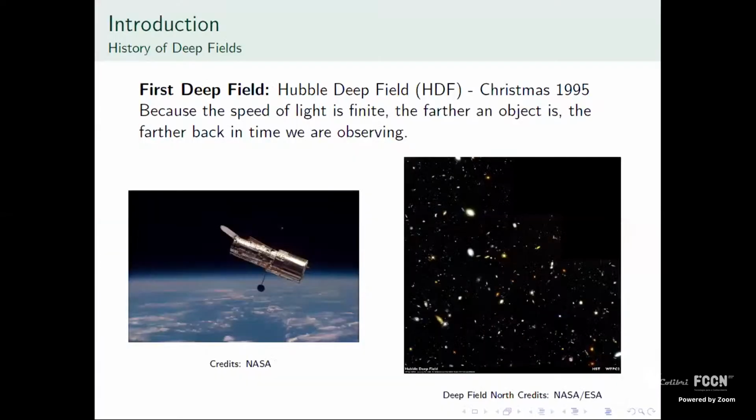The first deep field image came with the Hubble Space Telescope in 1995. This was the first time we could actually see distant objects that are very faint and that otherwise could not have been observed. Because the speed of light is finite, the more distant an object is, the further back in time it is. So we are actually looking at the past.